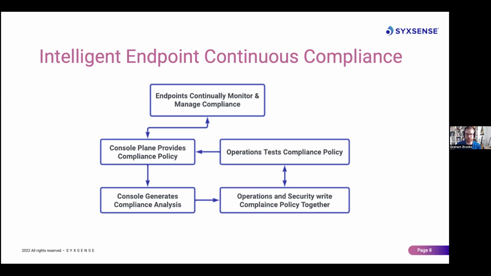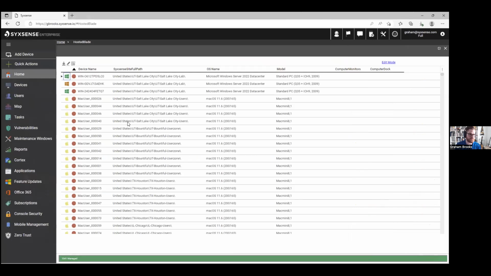It's going to manage it really quickly so that you can get back to the stuff that really matters, maintaining your compliance policy over the long haul rather than enforcing the compliance policy on a case-by-case basis. Okay, so that's part of the conversation around our zero trust and our intelligent endpointing process.